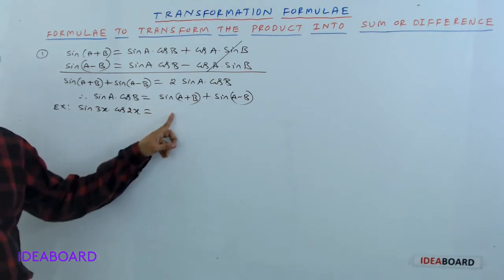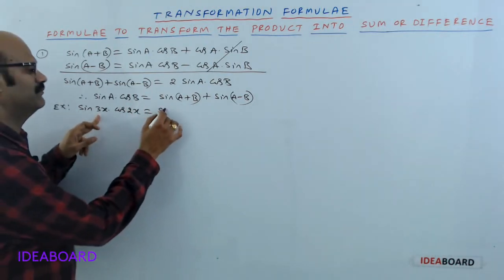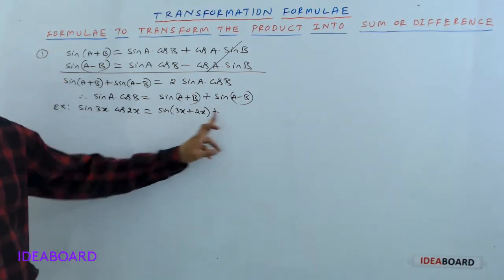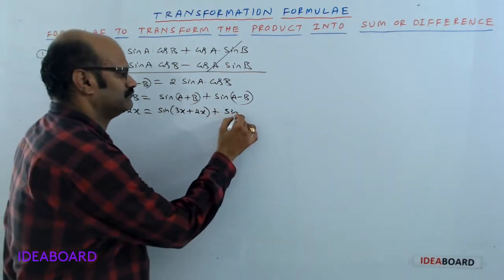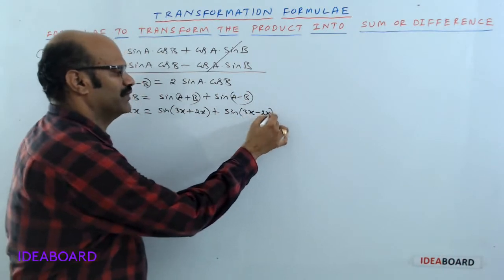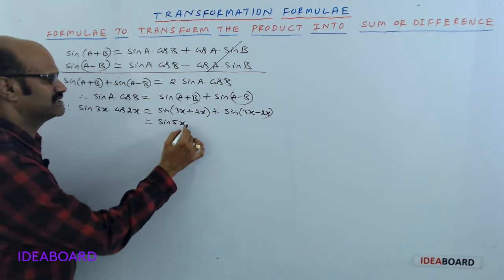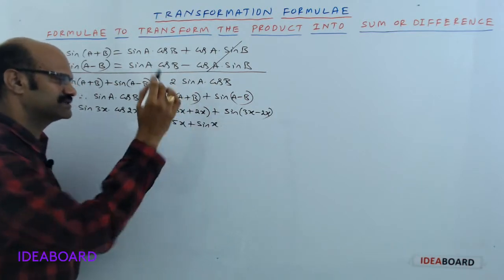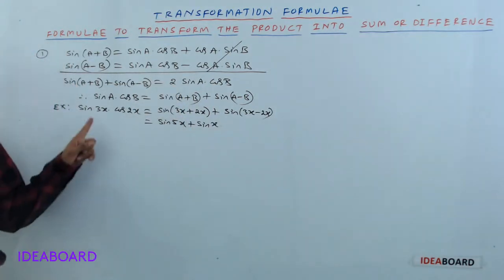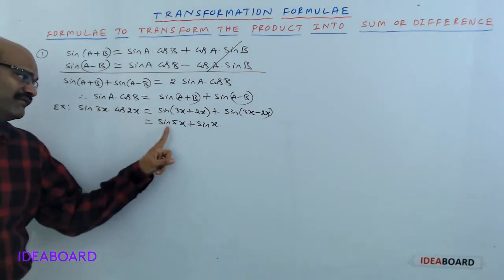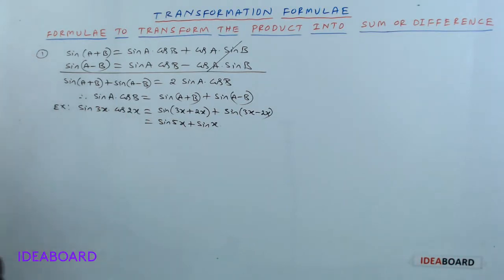This can be written as sin of 3x plus 2x plus sin of 3x minus 2x equal to sin 5x plus sin x. So, the product of two trigonometric functions can be written as sum of trigonometric functions.